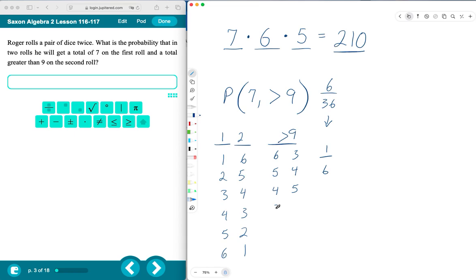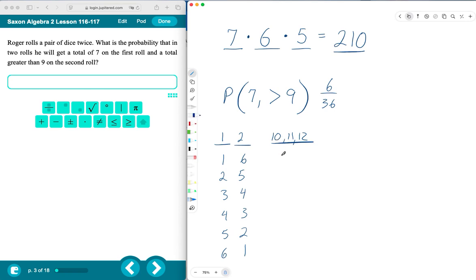And then 3 and a 6. And there's not another way to get, I'm sorry. Greater than 9. So all of the numbers greater than 9 would be 10, 11, and 12. So now I have to think about all the ways to get 10, 11, 12. Sorry, I goofed. I'm going to move this over. I'll leave that like that for now.